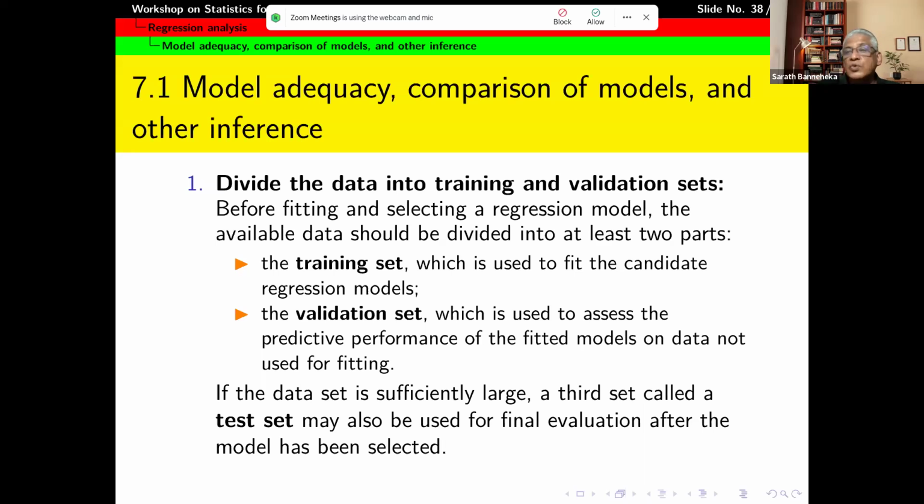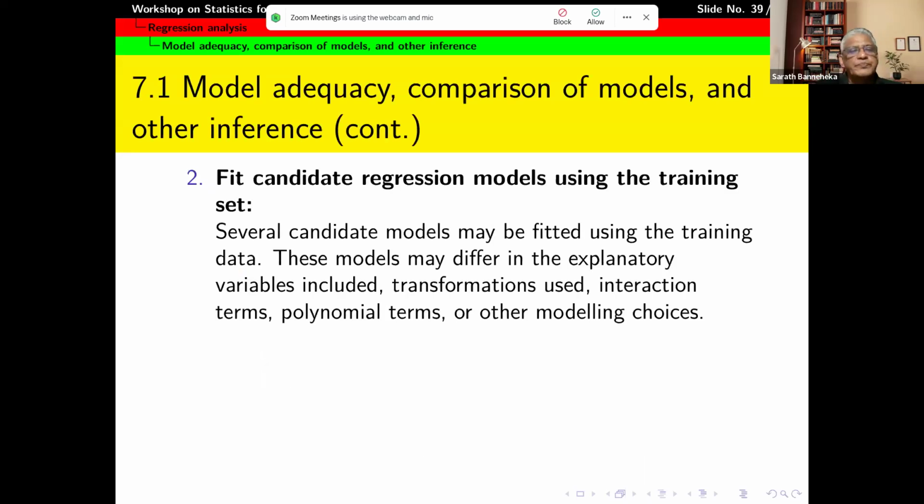You select one model based on the predictive performance. In addition to that, if there is another data set, that will be good, right? Once you have selected the final model based on the previous two data sets, the final model also can be tested with the test data. That is not always done, but if you have a large enough data set, that also can be done.